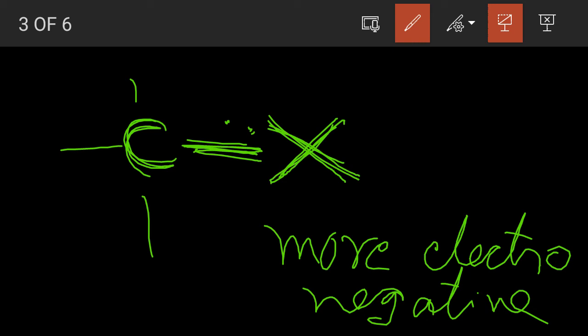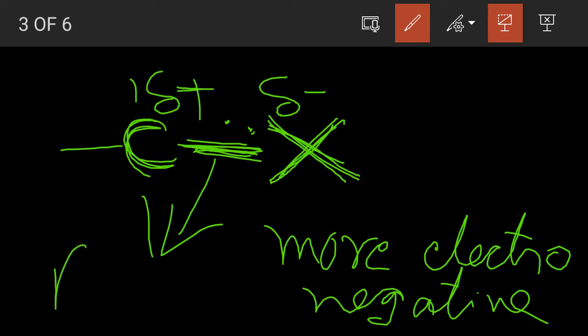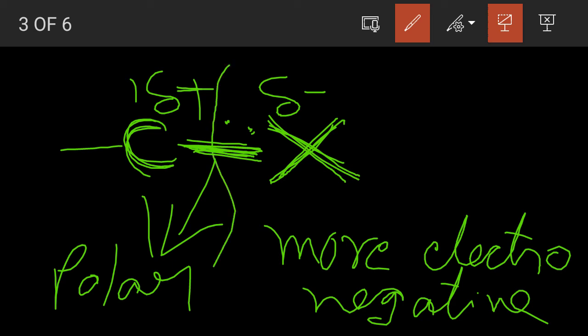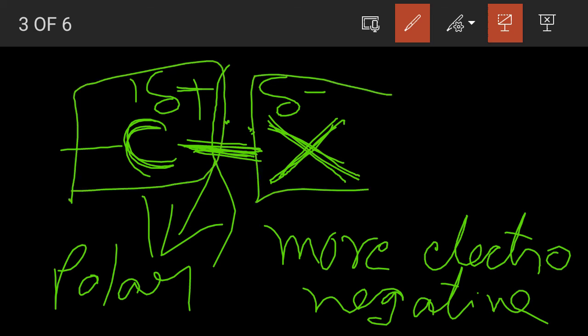For that reason, the halogen gains a partially negative charge and carbon gains a partially positive charge. This partial negative and positive charge makes the bond polar. Because of the polar nature of this bond, when bond fission happens, it breaks heterolytically and forms two ions: a carbonium ion, meaning a carbon cation, and a halogen ion.